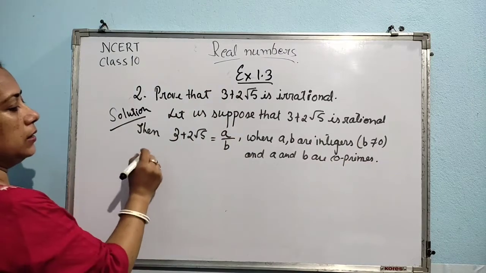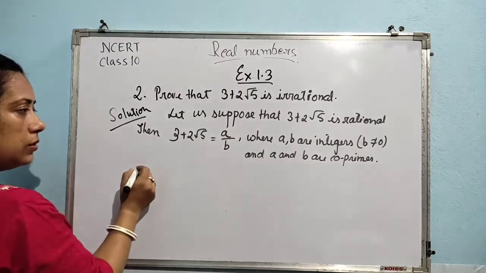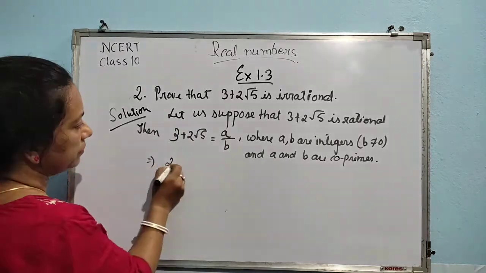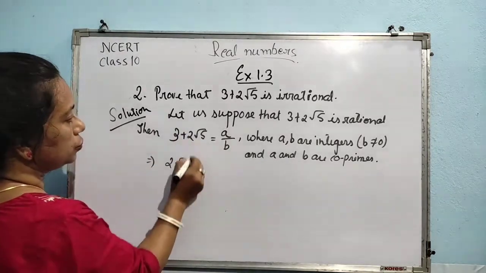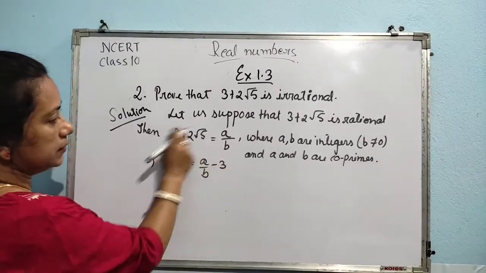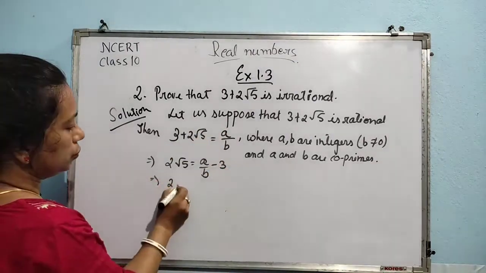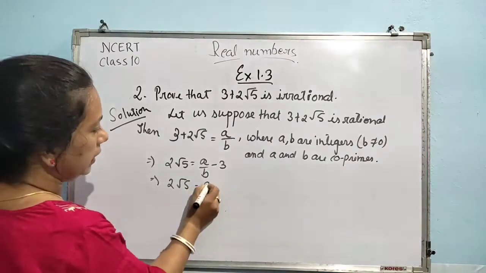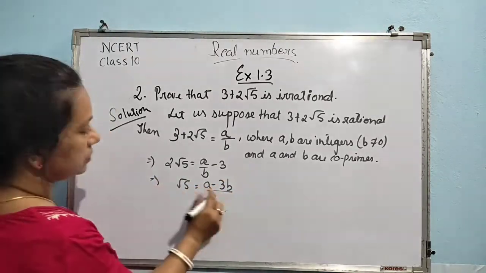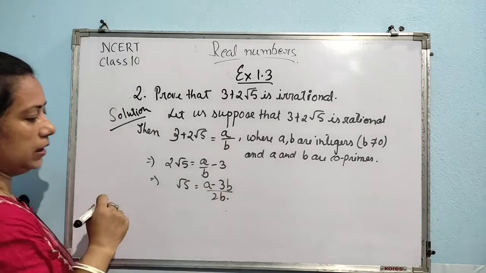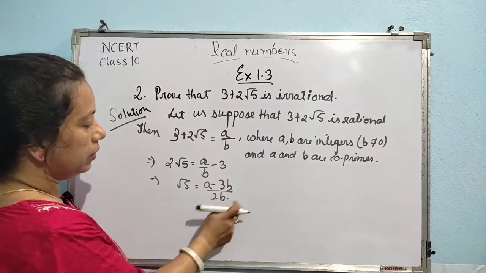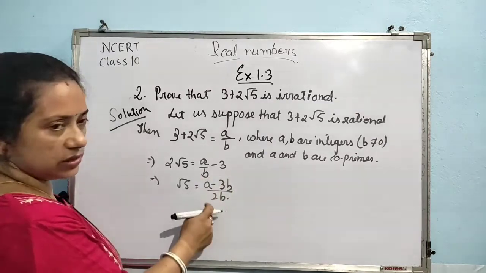So here also after that we have to go for some sort of simplification. So 2 root 5 is equal to A by B minus 3. So 2 root 5 is equal to A minus 3B by 2B. Now what we are finding here, see A, 3B, 2B, all these are integers only.